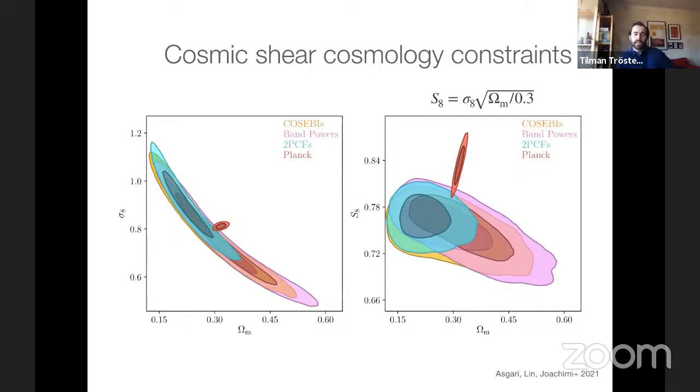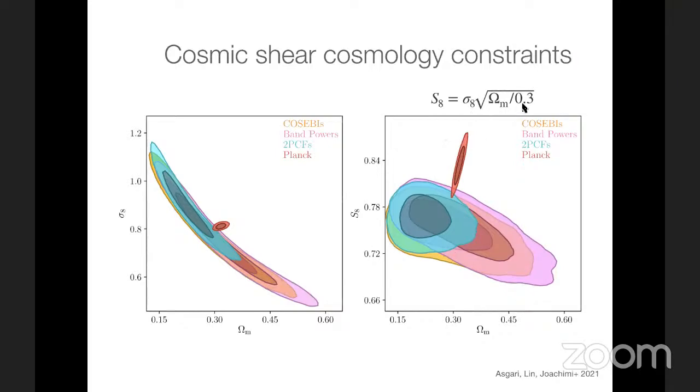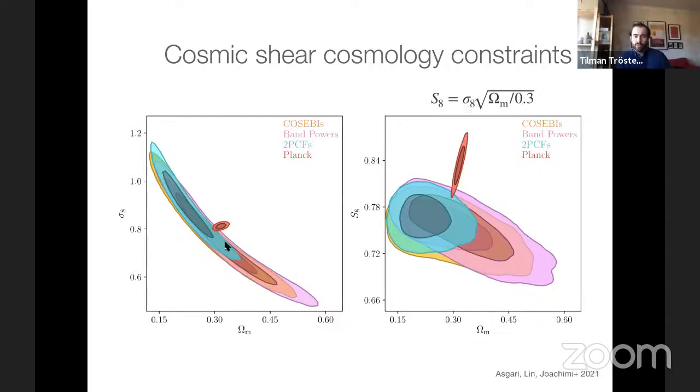Yeah, so what's plotted here is S8, which is given here at the top, which is a good description of the degeneracy direction, but it's not perfect. So basically, this correlation you see here, for example, in the band powers is just the fact that the exponent here, like the square root, isn't a perfect description of this degeneracy direction.